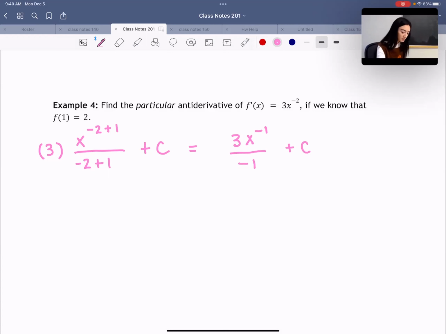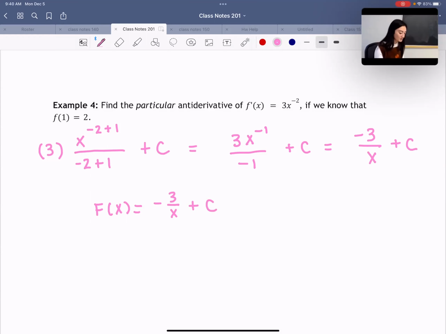And what's another way to write 3x to the -1 over -1? What's a cleaner way for that? -3 over x, right? Because the negative can go anywhere, and x to the -1 puts it in the denominator. Okay, so my antiderivative is really big F of x equals -3 over x plus c.